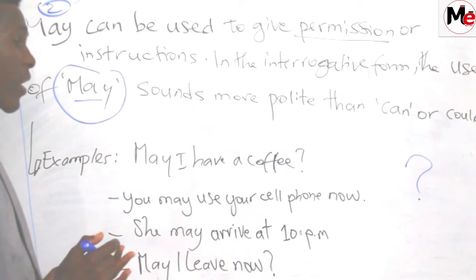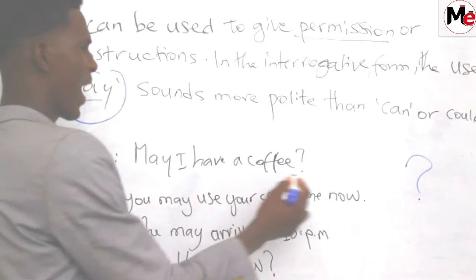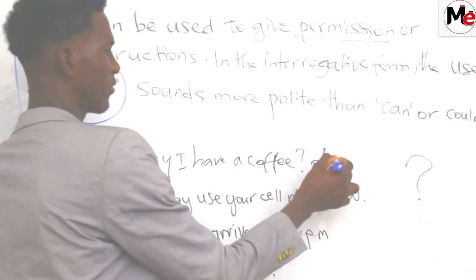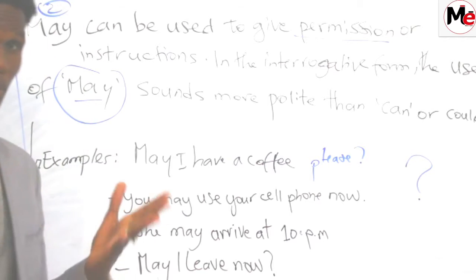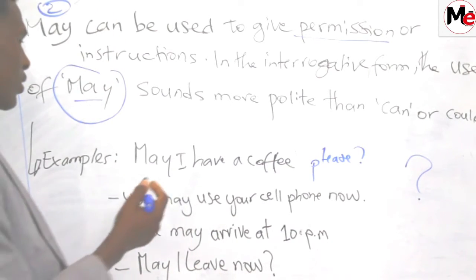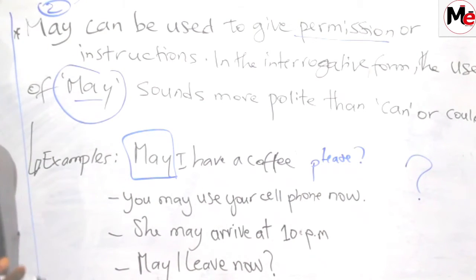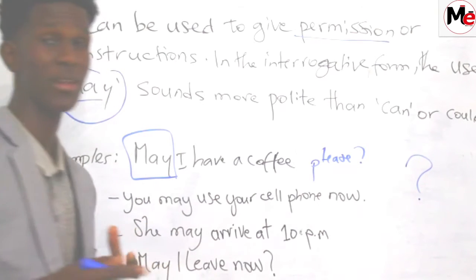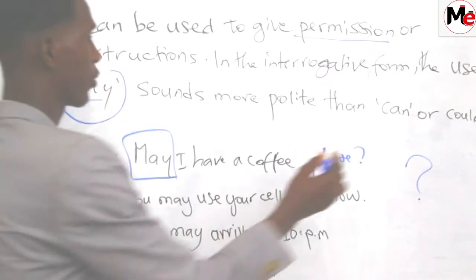So here are a couple of examples. May I have a coffee, please? We can add please here if you want. Sounds even more polite. May I have a coffee, please? Here is a request. So you are requesting him to give you a coffee, and it is more polite than can or could.